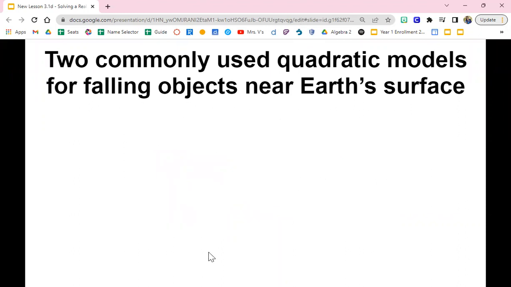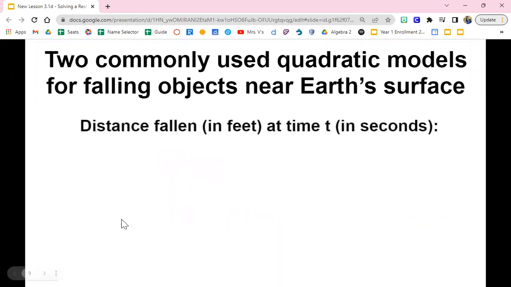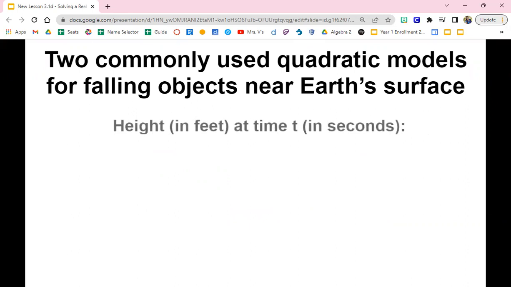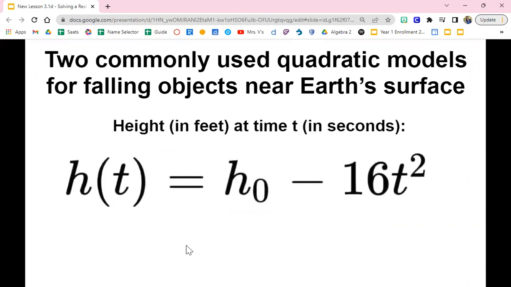Now this one is very similar, but we're going to have a next component. This one is our initial height. So very similar to distance, we're not going to describe it as distance; it's going to be considered our final height, or our height.